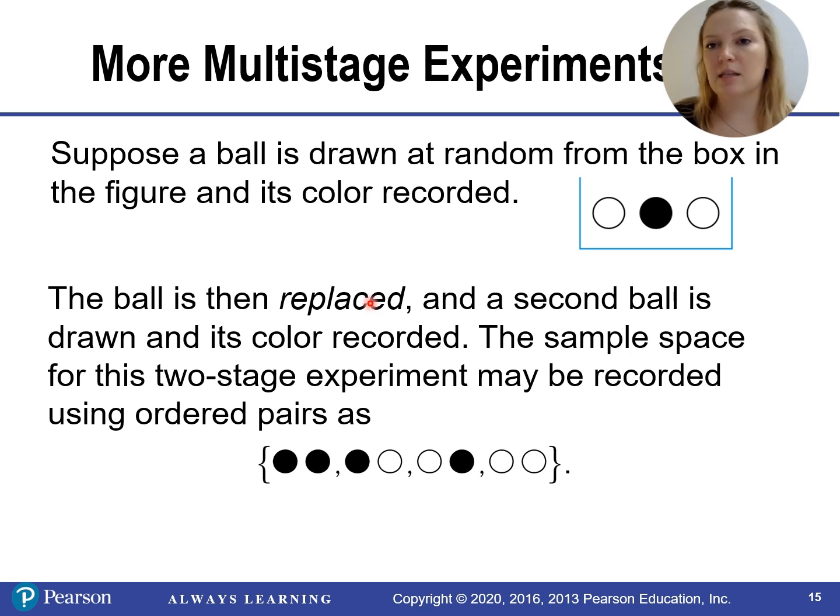We look at it, we say it's either black or it's white, and then we put that ball back into the box. This is called replacement. So we would use a tree diagram to say, okay, well, I could get a black ball and then I could get a white ball, or I could get a black ball and then I could get the black ball again because I've put it back in.